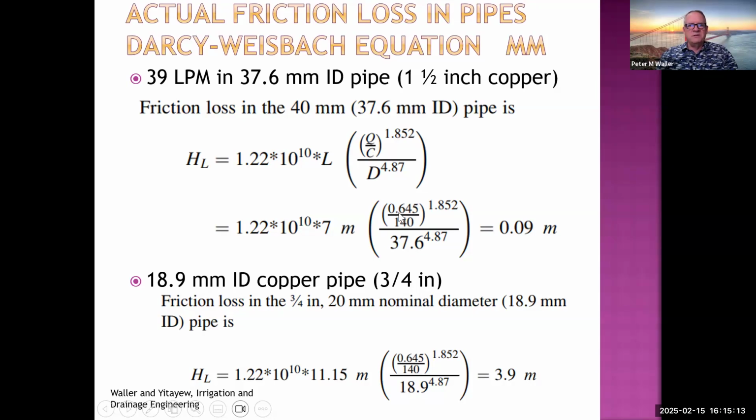And this is the flow rate, 0.645 liters per second, or 10 gallons per minute. So we have almost no pressure loss in the 1.5 inch copper pipe. But in the 3/4 inch copper pipe, we have 3.9 meters pressure loss. But even then, the city water pressure is 111 PSI or 78 meters. So 3.9 meters pressure loss is not bad.